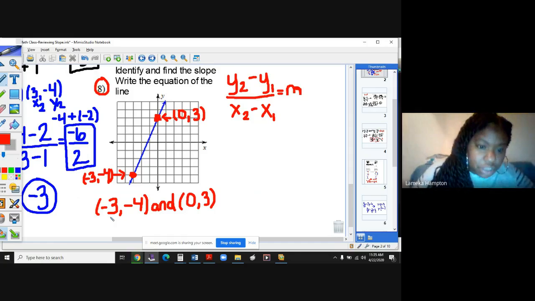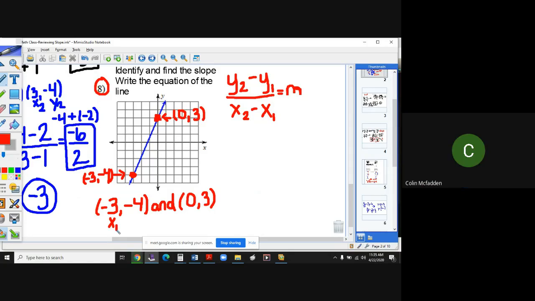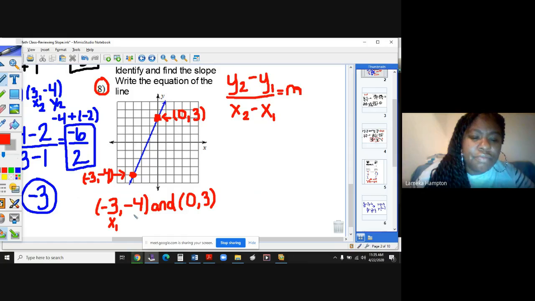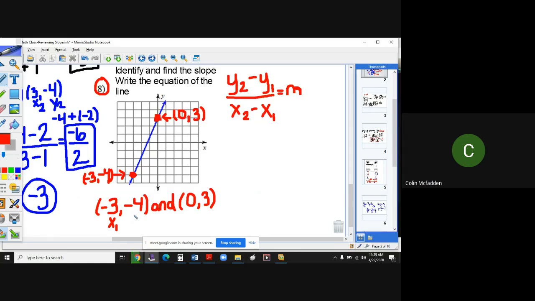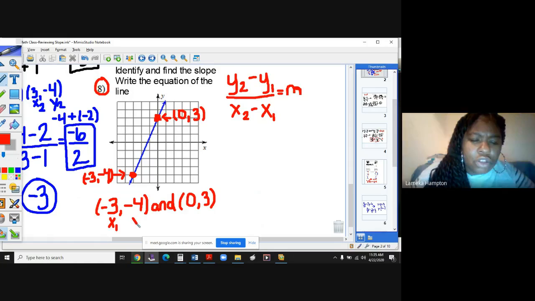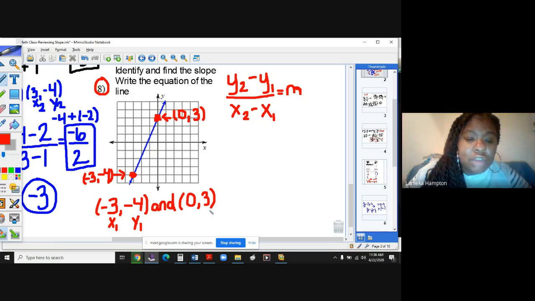Yes, it's x1. Very good. And what about -4? It's the y2. No, not y2. So remember, they got to match. So we got x1 and then y1, right? Yeah, okay. Now, one of these numbers does represent x2. So which number is it?